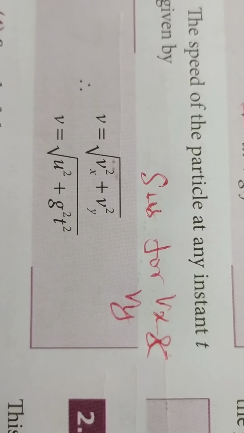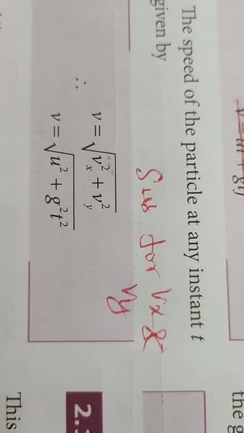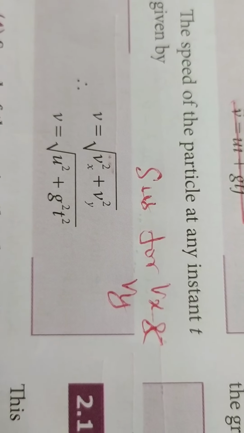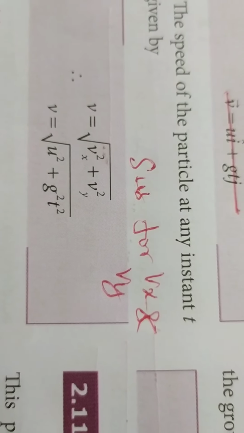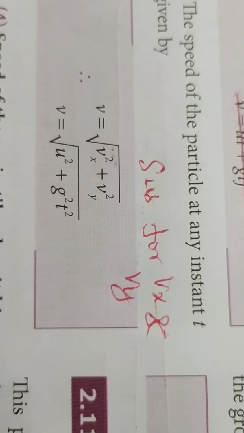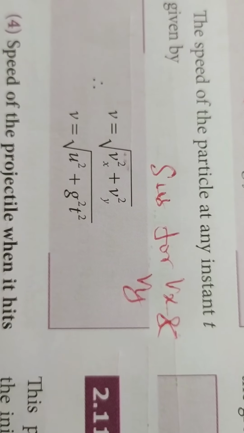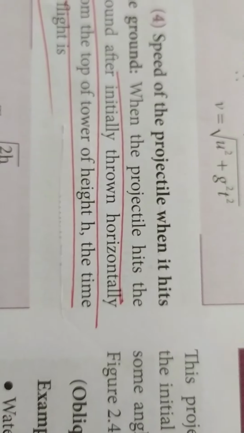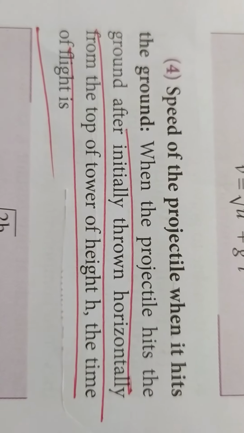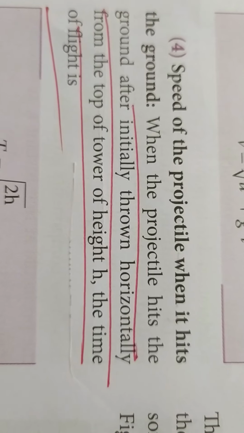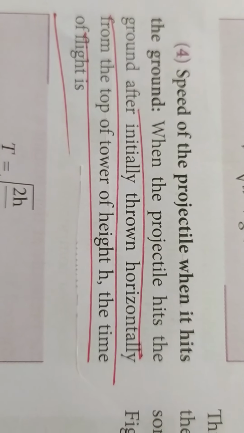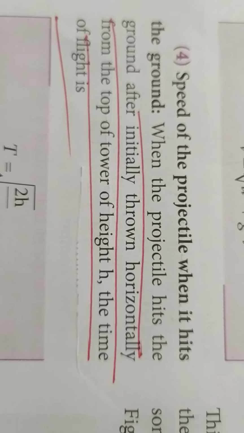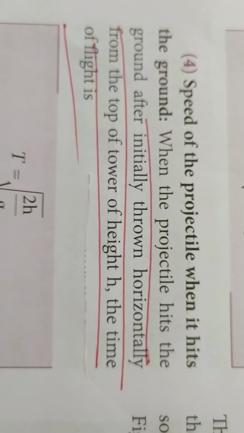The speed is given by the formula v is equal to square root of v_x square plus v_y square. Already you know v_x and v_y, so v is equal to square root of u square plus g square t square, and this is the speed of the projectile when it hits the ground. So at the time it reaches the ground, what is the speed? That is what we are going to see now.